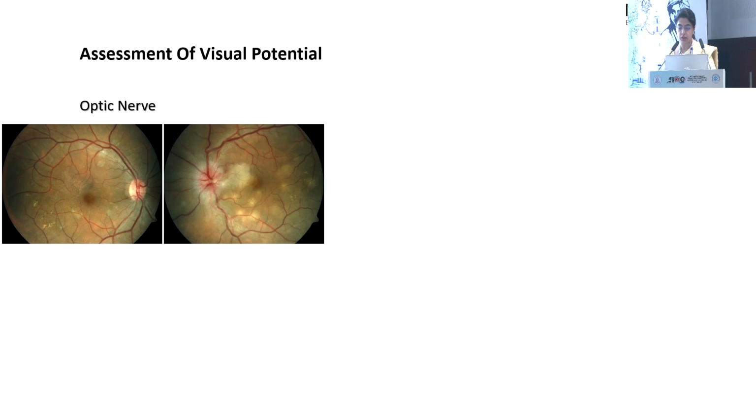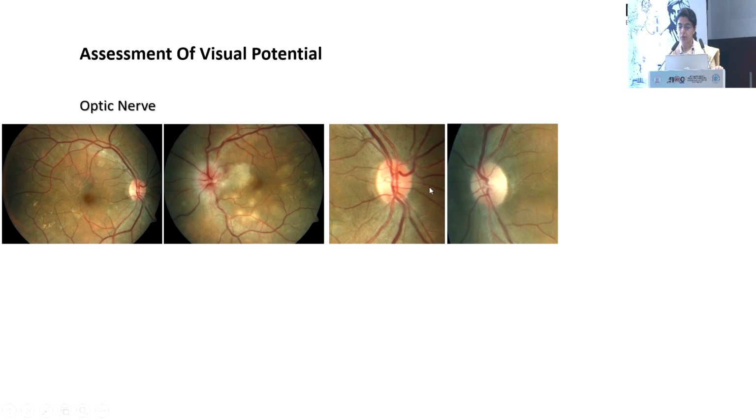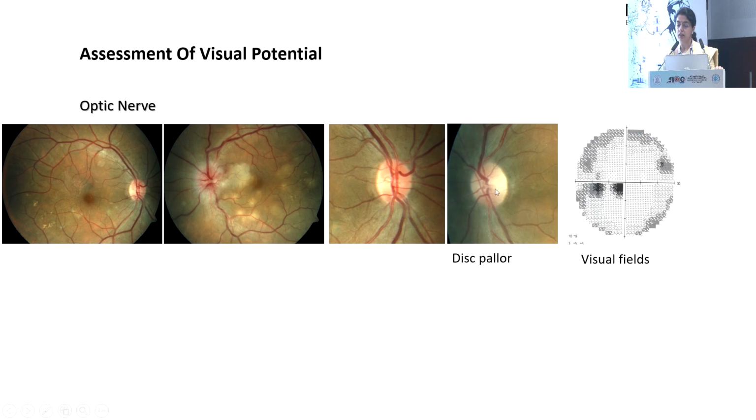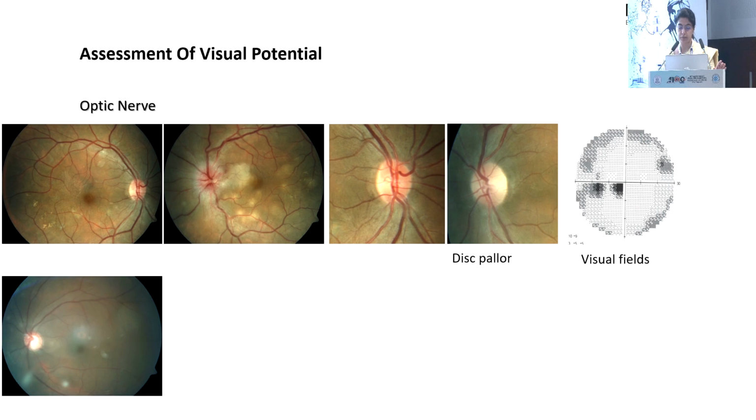Assess the visual potential. Look at the optic nerve. This is a case of multifocal choroiditis with optic neuropathy. After healing, there was a slight pallor in the disc, and when we did fields, you see a centrocecal scotoma there. This has to be informed to the patient beforehand.